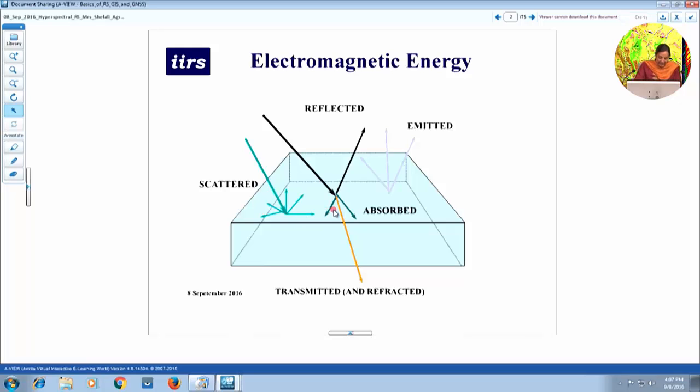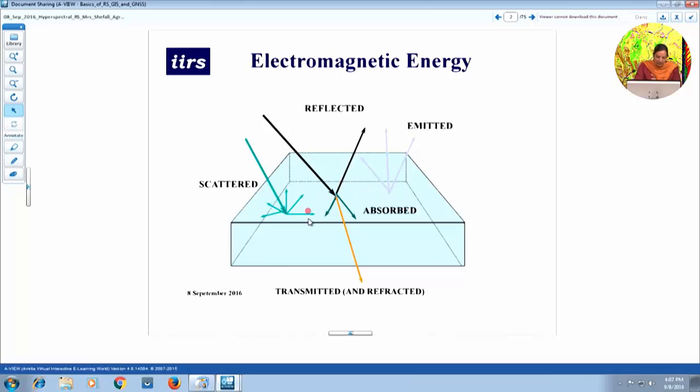The other is that it gets absorbed. As the energy strikes the Earth's surface feature, it gets absorbed and stored within it, which is usually considered as heat, or thermal energy, and this always flows from warmer to cooler areas.